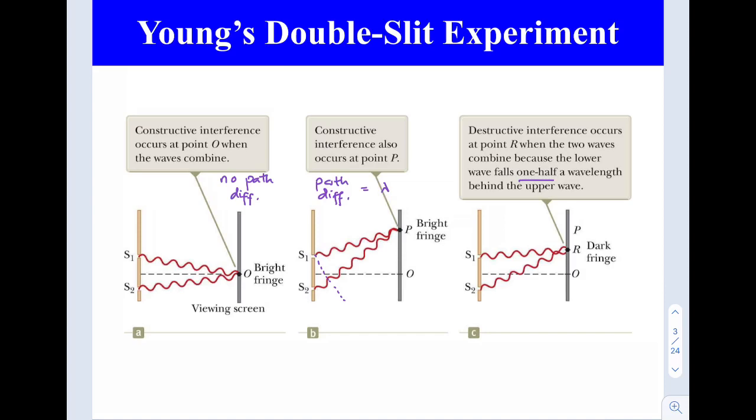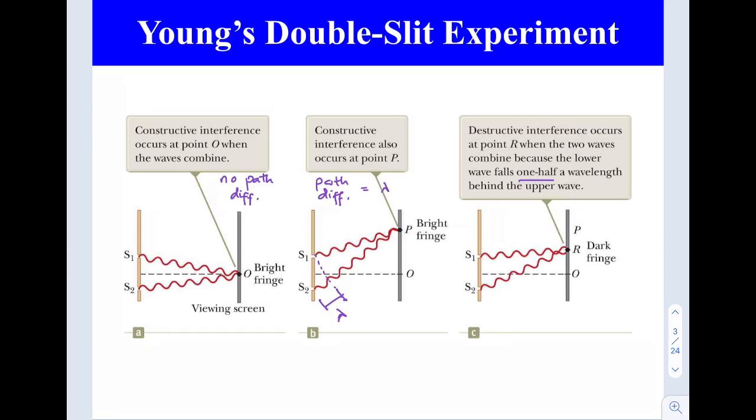Right, so if you see, the difference between S1 and S2 is equivalent to 1 lambda. Look at the shape of the lambda. If we're talking about one complete wave, here is one complete wavelength.